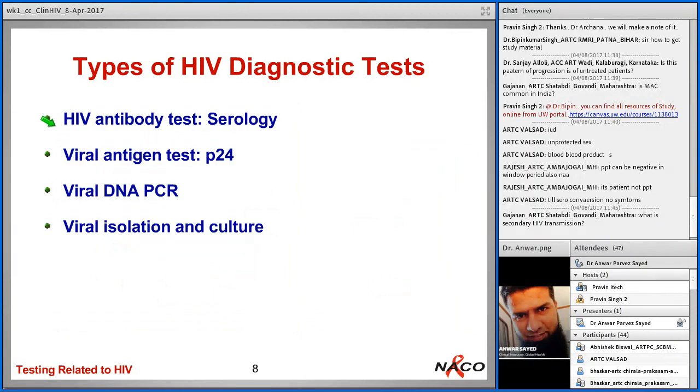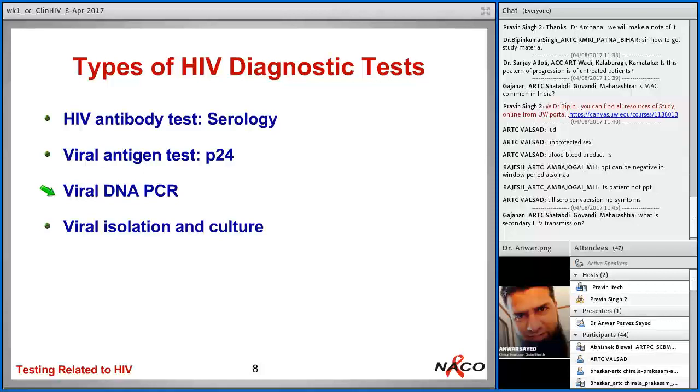So these are the types of diagnostic tests: HIV antibody test, that is serology; viral antigen test, that is P24 antigen; viral DNA, that is DNA PCR, polymerase chain reaction; and viral isolation and culture. Now, isolation and culture obviously doesn't happen in routine practice. It is for research and other things.